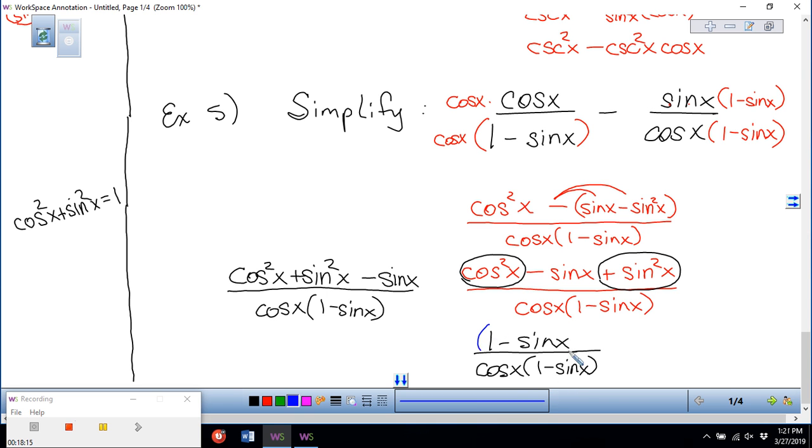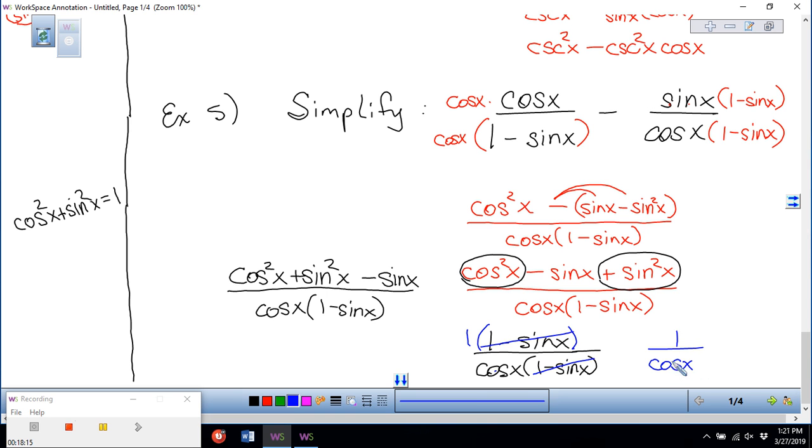Well, this quantity, I can put parentheses around it just to make it look more like the quantity. This quantity and this quantity are exactly the same, so they can cancel because it's a multiplication problem. Now, what are we multiplying by in the top? If there's not a number out there, we know that it's a 1. So we have a 1 left in the top, and we have cosine of x left in the denominator.